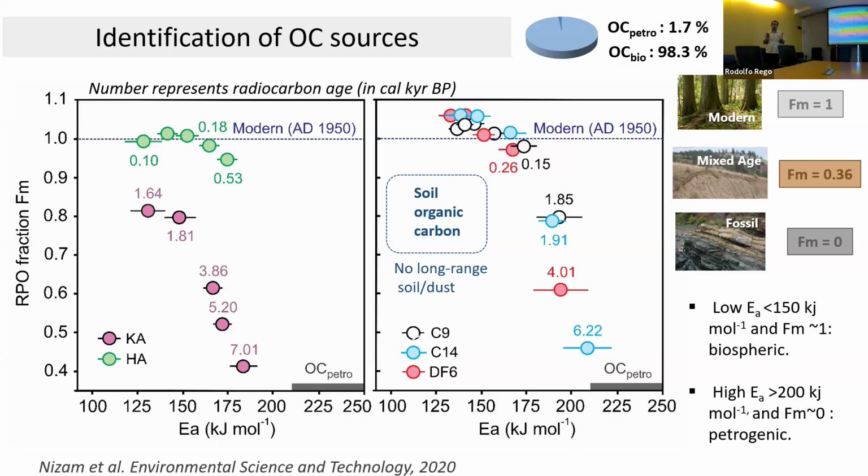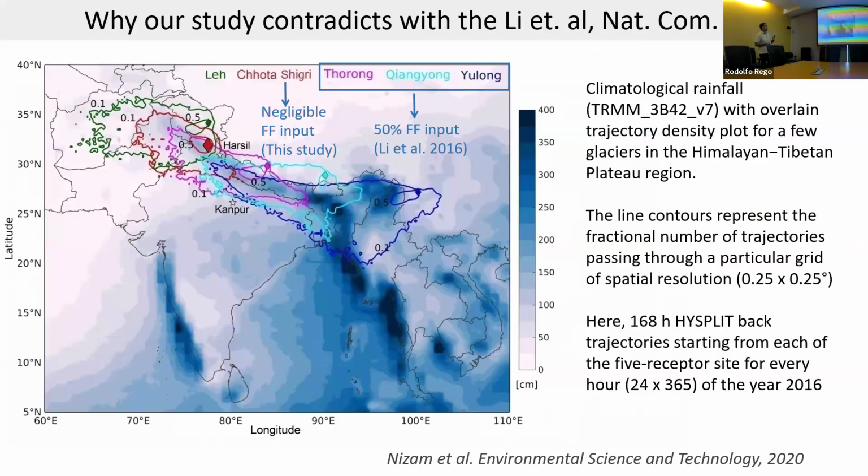It has been all organic carbon from biomass, which has been recently fixed. So it is not that they are being transported from a faraway region and polluting, at least not in our case.